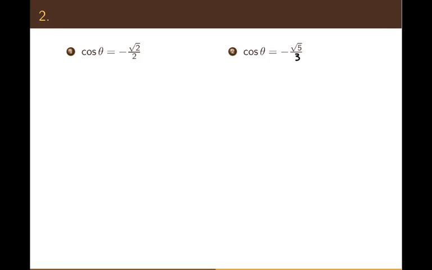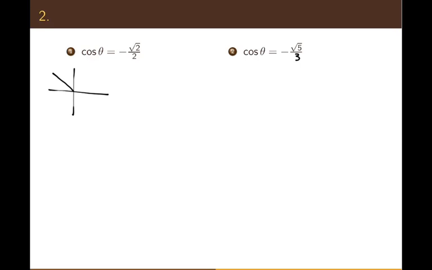Let's try another one. Let's try cosine. The one on the left is one that we already know how to do. Cosine theta is equal to negative square root of 2 over 2. To draw this, cosine of theta is equal to negative square root of 2 over 2 right here. And where's the other one?